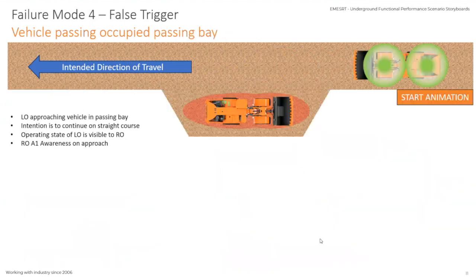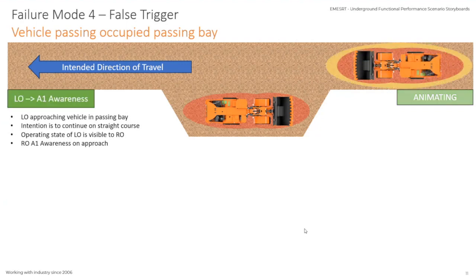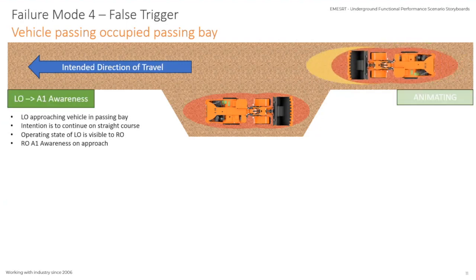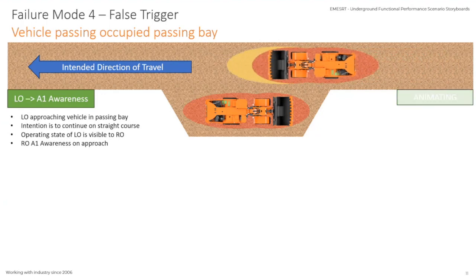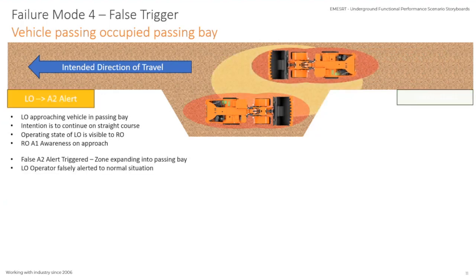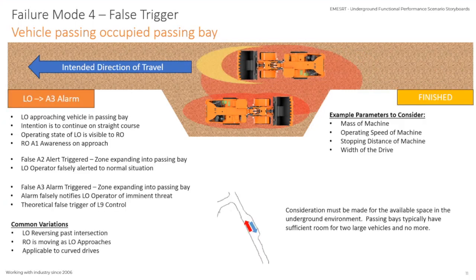And we've got our passing bay, a slight variation on the T-intersection that I've shown previously. These are deliberate passing bays, typically for HV vehicles, and they're usually installed on declines or on haul roads. You don't normally see these out in the ore body. So this is where you've got lots of HV traffic usually, and you don't make the entire tunnel wide enough for 2 vehicles to drive down.